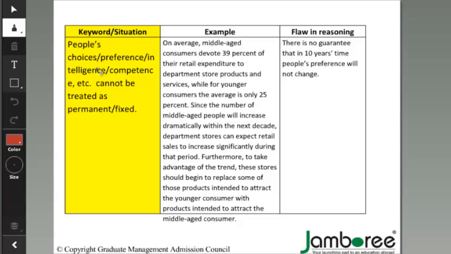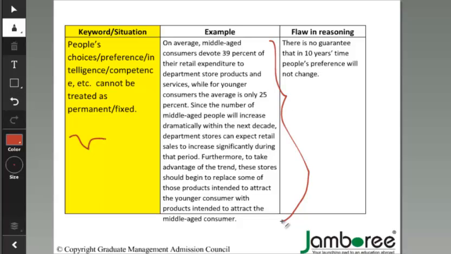Now the underlying assumption is that his favorite color has not changed in all those years. His favorite color from class 10 till he's 50 years old has not changed. Now that is a wrong assumption. People's preferences, people's choices may change over the years. Of course, it does not come directly like that.